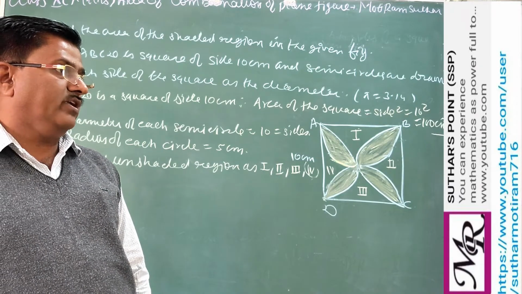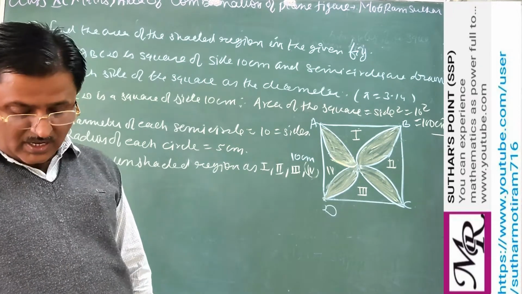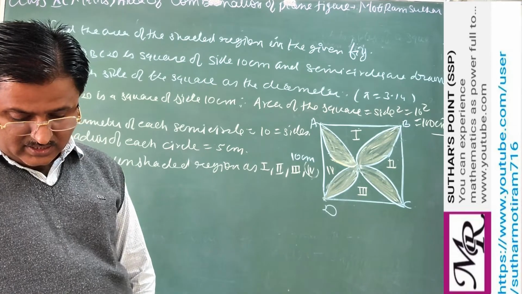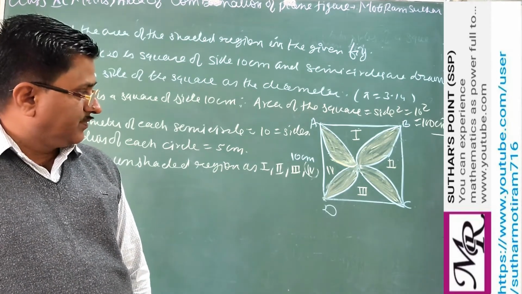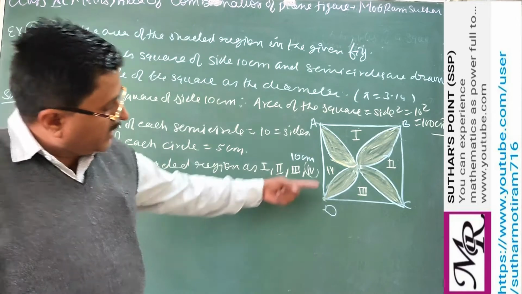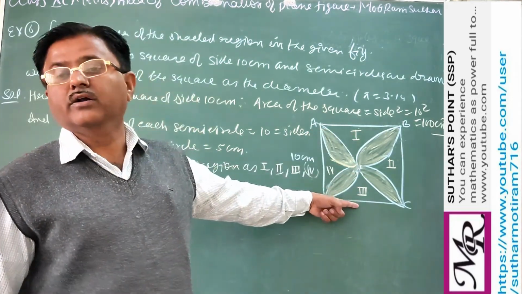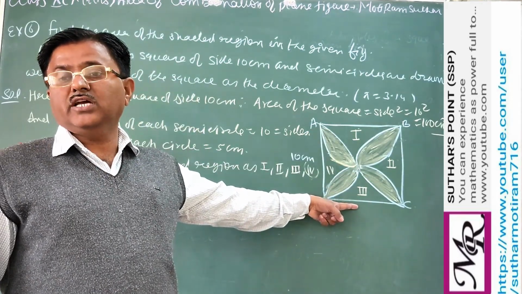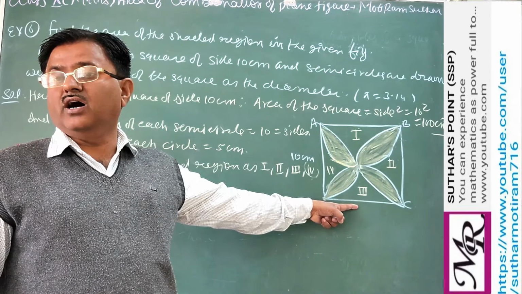That's why we are finding the area of the unshaded region. Now see, if you want to find the area of the first region and third, very carefully observe the figure.